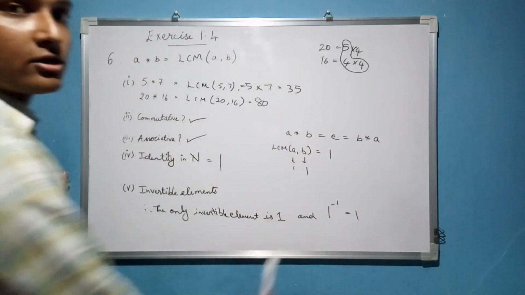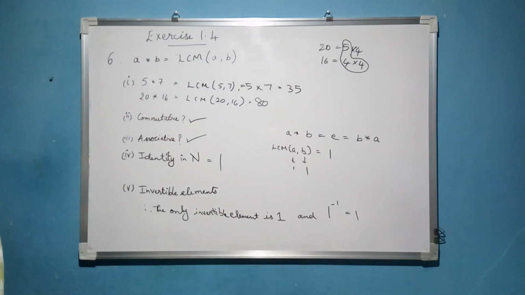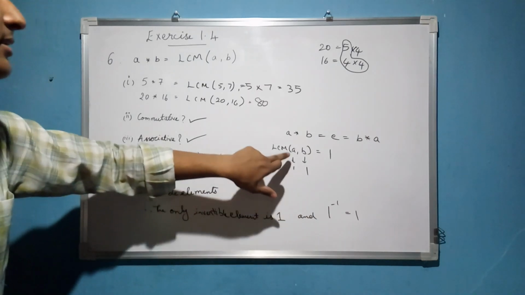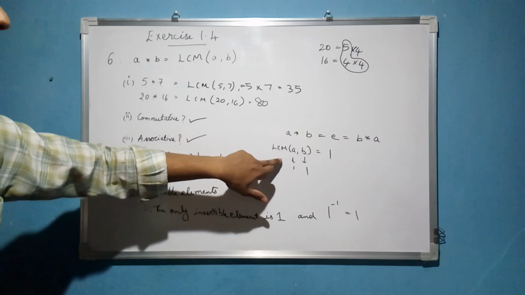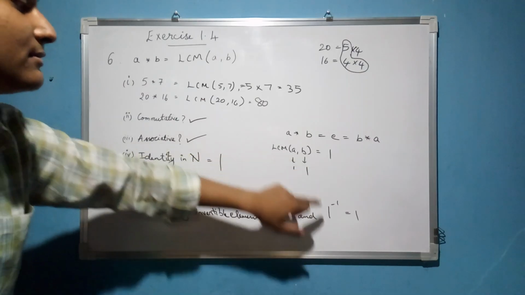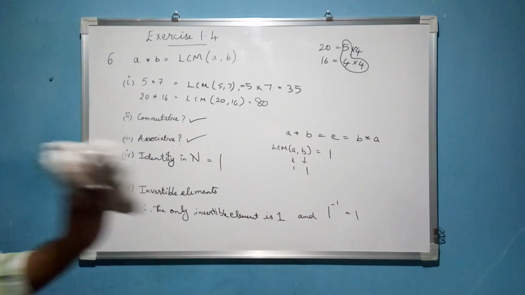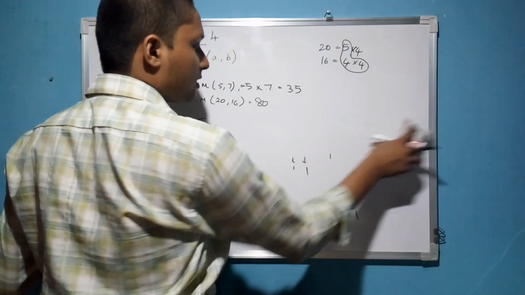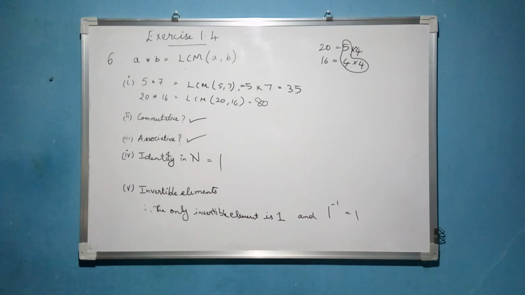This is the notation of inverse. So you need to find the inverse of 1. By saying this both are 1, that means that B is the inverse of A, right? So when A is 1, B is also 1. Okay? So that is the only one case in which you can find the invertible elements.